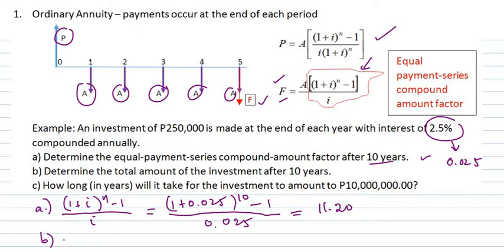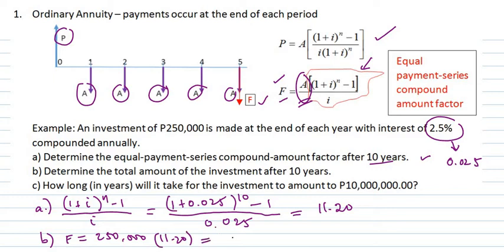F is equivalent to A, take note, A is 250,000, times our compound amount factor, which we already found as 11.20.